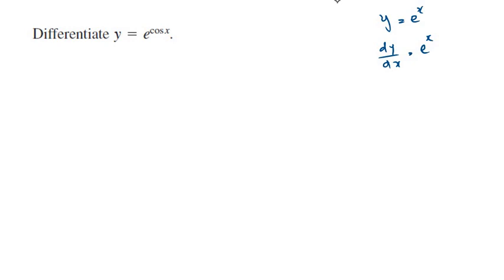So to simplify, we will take u as cos x. And then we separate it out. So we know y is equal to e to the power u, and u is equal to cos x.